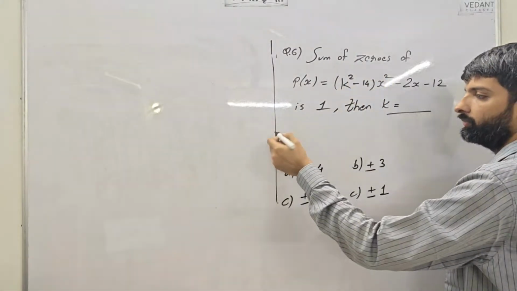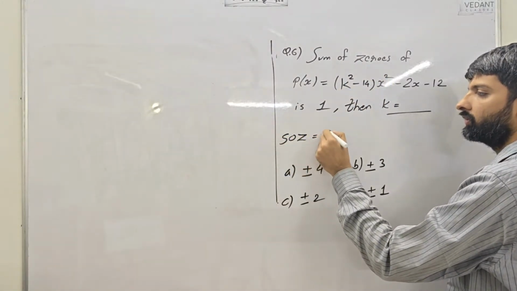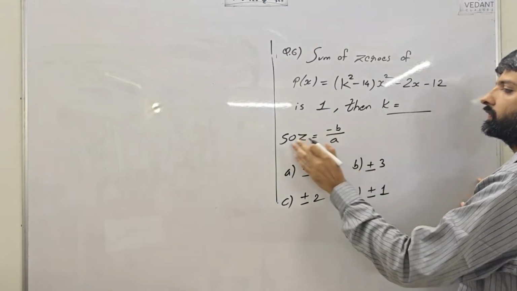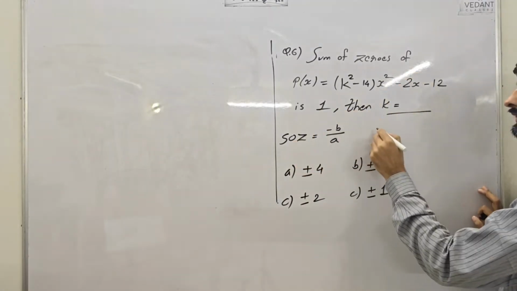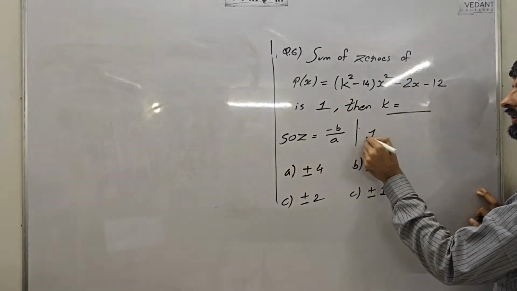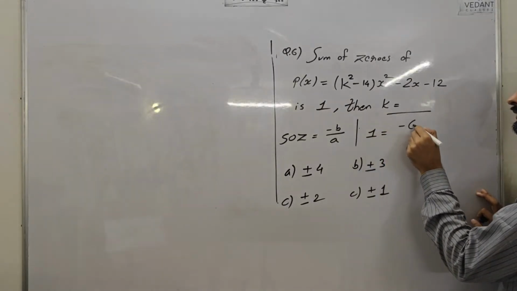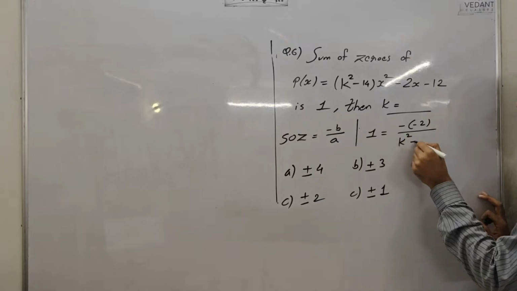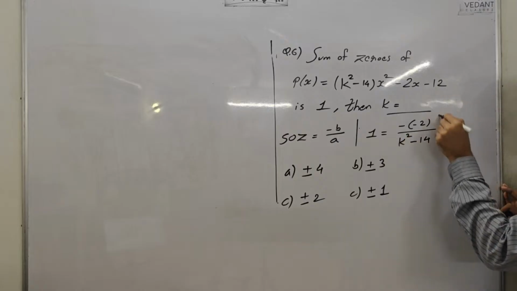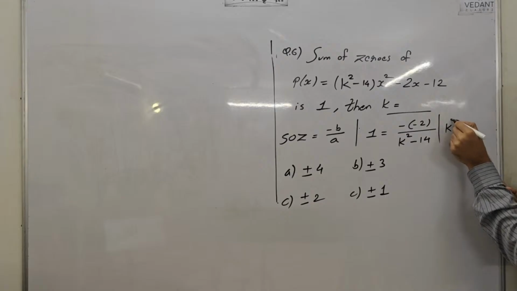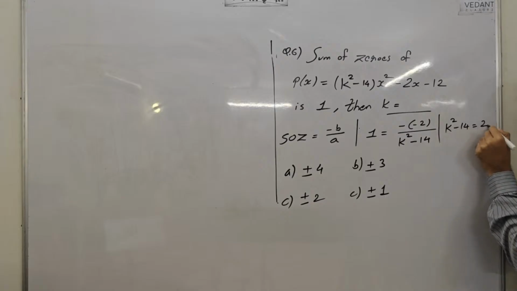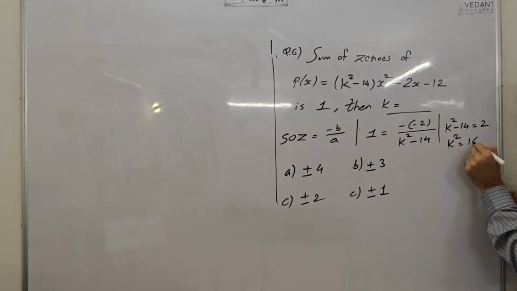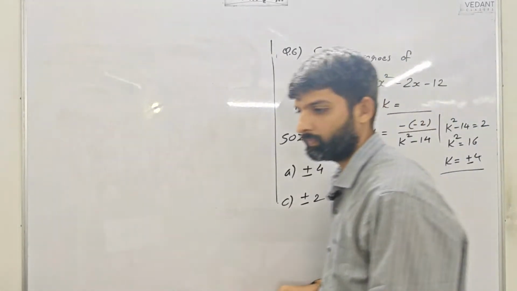Sum of zeros means minus b by a. So sum of zeros is given, that is 1. So I can write 1 is equal to minus of minus 2 upon a. The value of a is k square minus 14. So I can write k square minus 14 is equal to 2. So k square will be equal to 16. So the value of k is plus or minus 4.